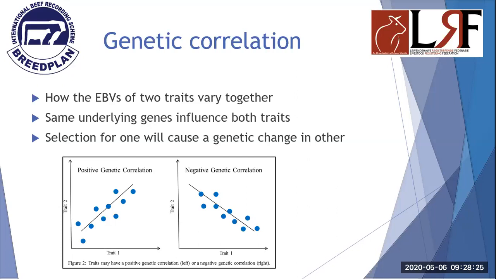So they are influenced by the same underlying genes. It might be a positive genetic correlation: as you select for the one trait and it is increasing, you will also increase the other trait. Or it might be negative, meaning that as the first trait increases, the second trait decreases.